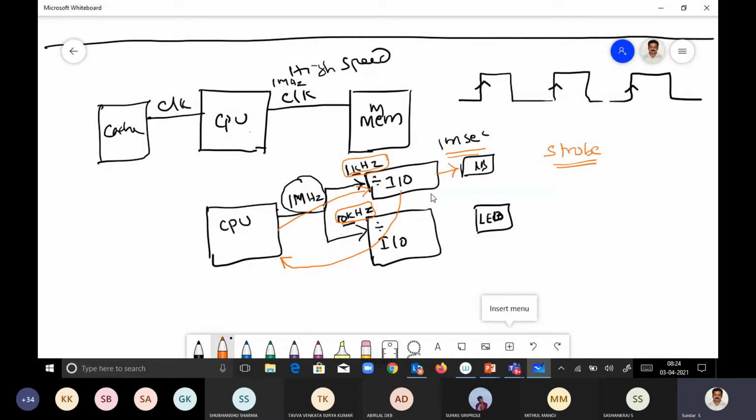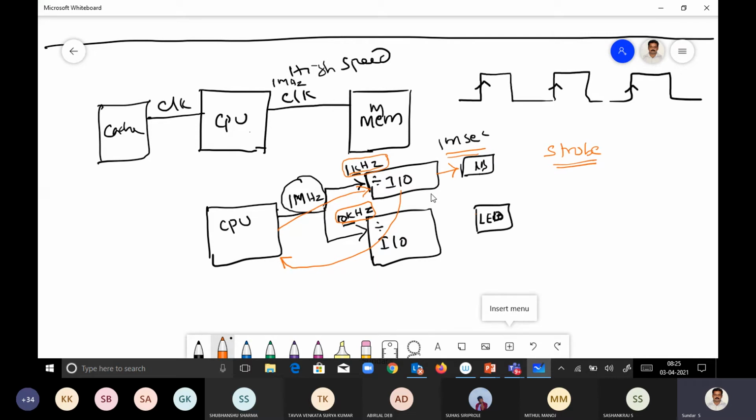In the case of asynchronous mode, the high-speed clock cannot be used as such. So devices have their own clock and they can use according to that. The clock can be generated by the devices themselves, or it can be derived from the CPU clock. Right. Now, every device will have its own operating speed.